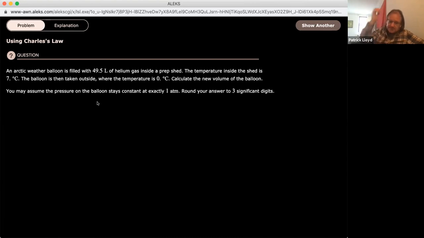This is called Charles's law. Okay, Charles's law is based on the following idea. Gases compress when cooled. So if you cool down a gas, it gets to a smaller volume.